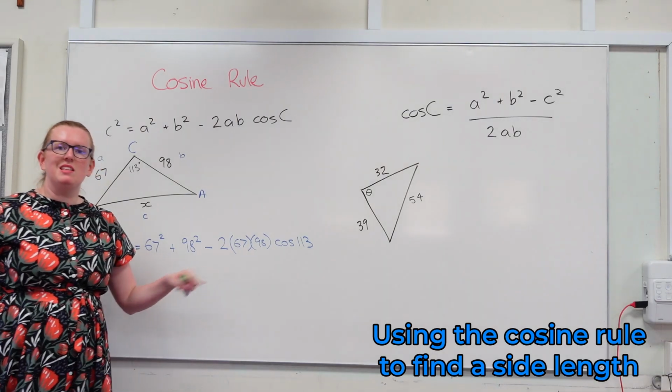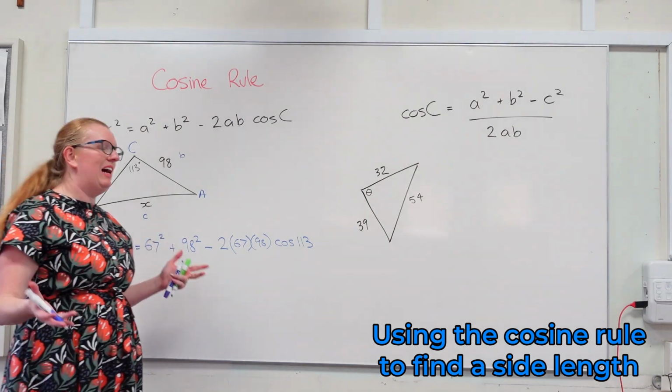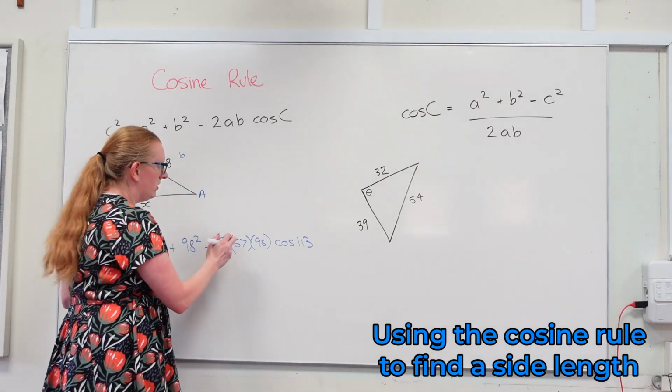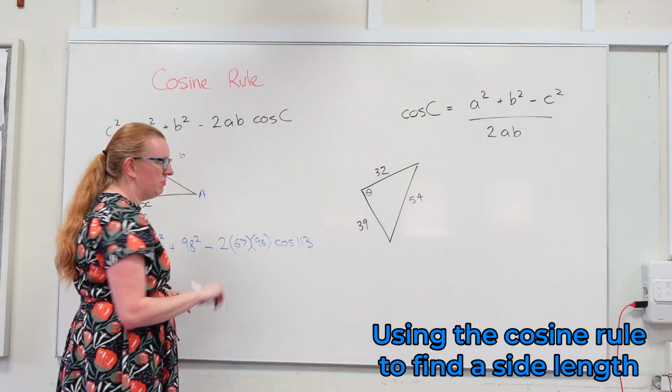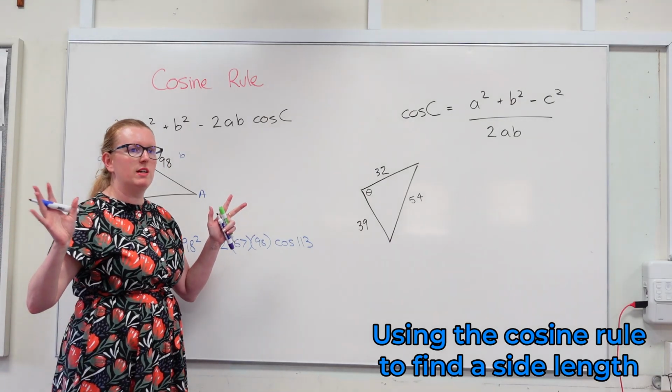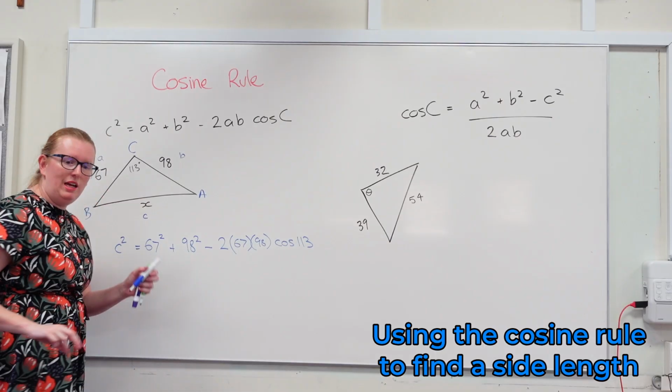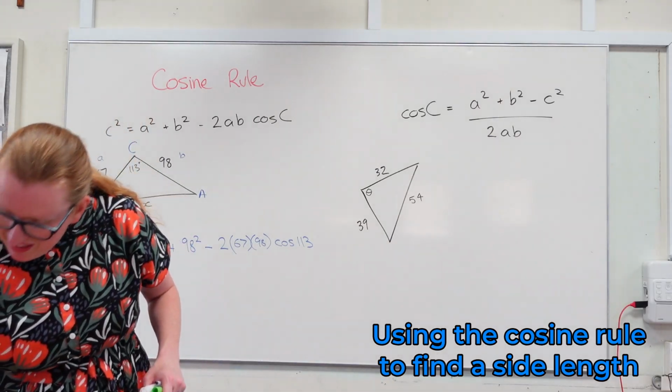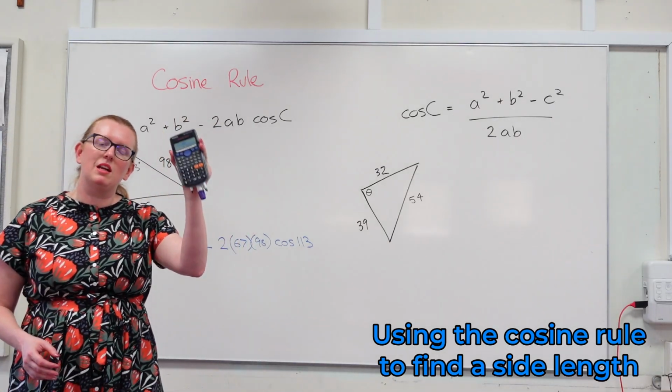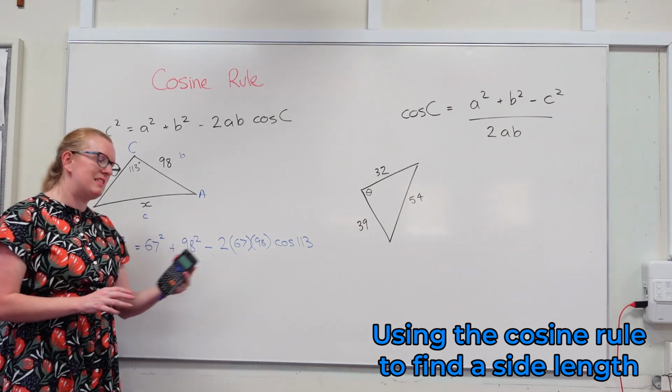I've written these in brackets just out of habit. You could alternatively go times and times. Both are fine. Now we're going to get our calculators and type all this in.